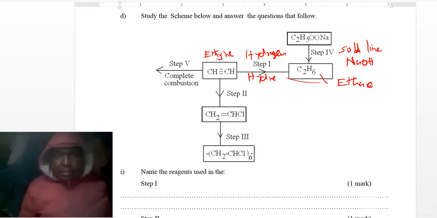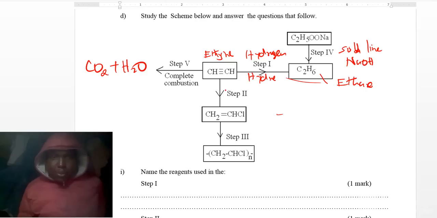Then complete combustion. When organic compounds undergo combustion, we know what they form. So this one undergoing combustion is going to form carbon dioxide plus water. Then we have ethene going through step 2 to form a compound with a Cl here.